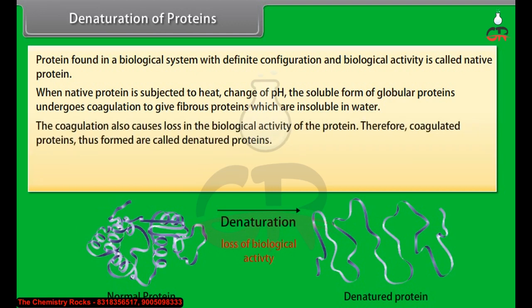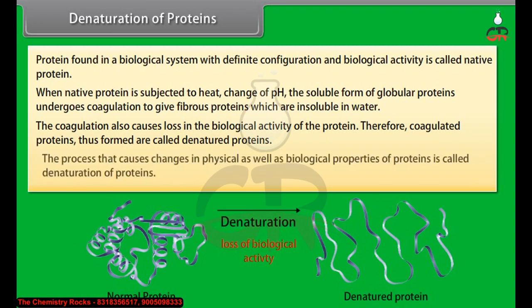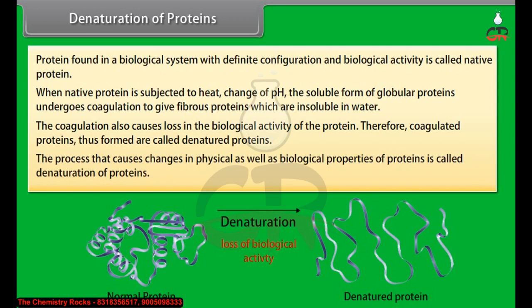The coagulation also causes loss in the biological activity of the protein. Therefore, coagulated proteins thus formed are called denatured proteins. The process that causes changes in physical as well as biological properties of proteins is called denaturation of proteins, for example, coagulation of egg on boiling and curdling of milk.